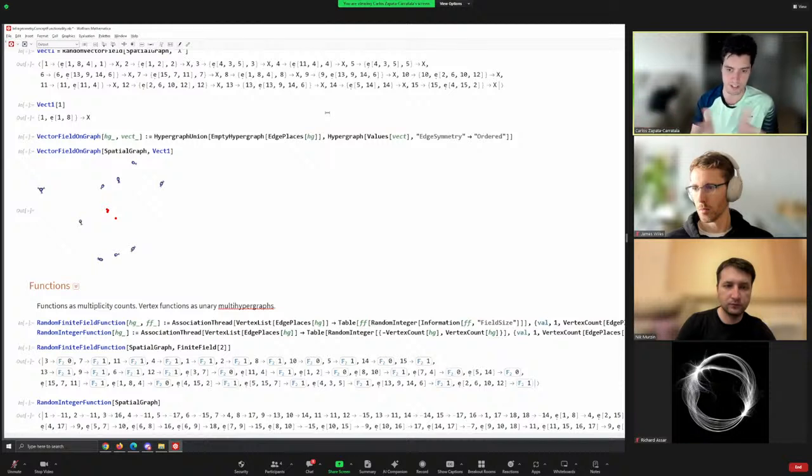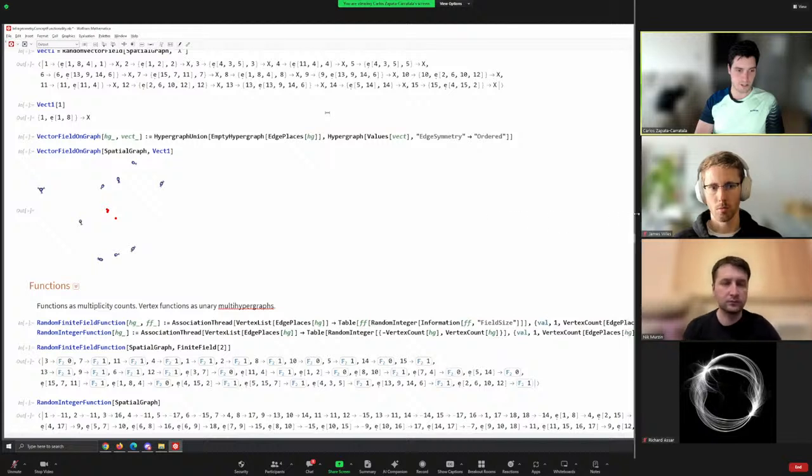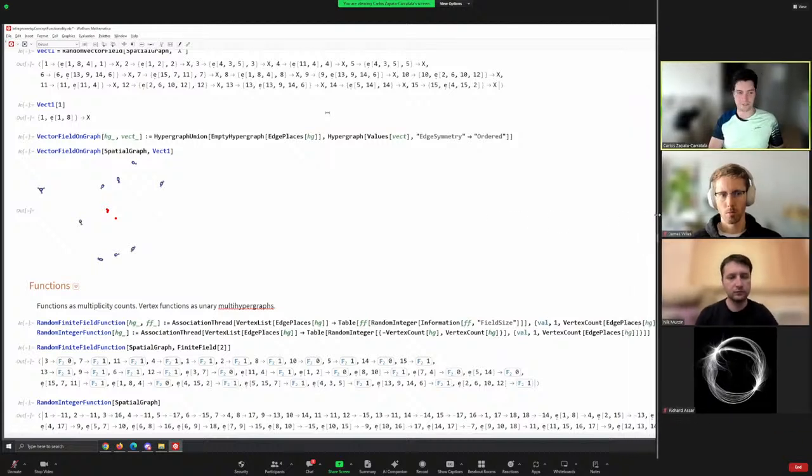So it will be one of the things that we will be directly or indirectly making use of when working with hypergraphs. In the same way that you would make use of the topology of the hypergraph to define a path, you can make use of the multiplicity counts to define a function. So I'm totally sold on Nick's proposal. Last week I was positive about it. This week I am totally sold.